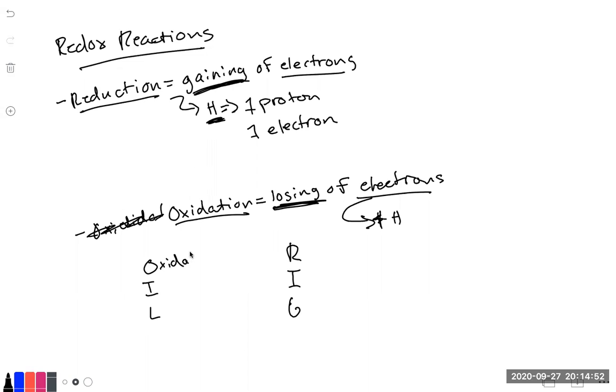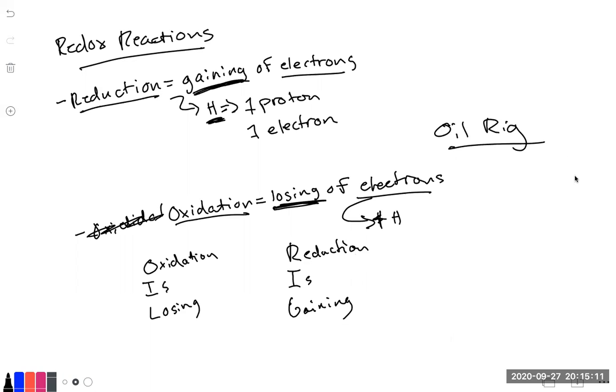Oxidation is losing. Reduction is gaining. So, oil rig. You'll never forget. So, let's look at an example of a redox reaction.